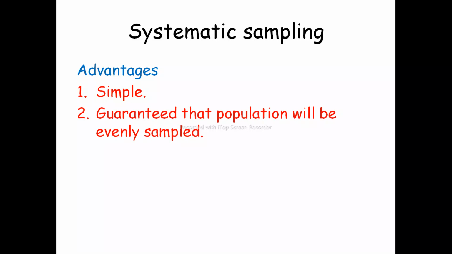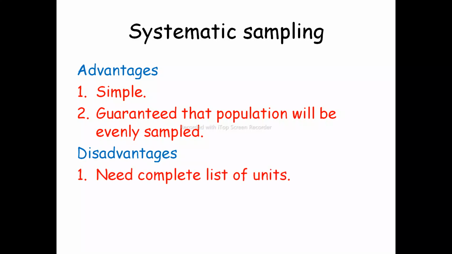Obviously we are arranging it in ascending order, so we'll get the smallest, middle and the highest numbers also. Next, we'll check out the disadvantages. It needs a complete list of units, like we need to get the names of the entire population, and periodicity, like giving numbers to them and then selecting. It is a huge task.